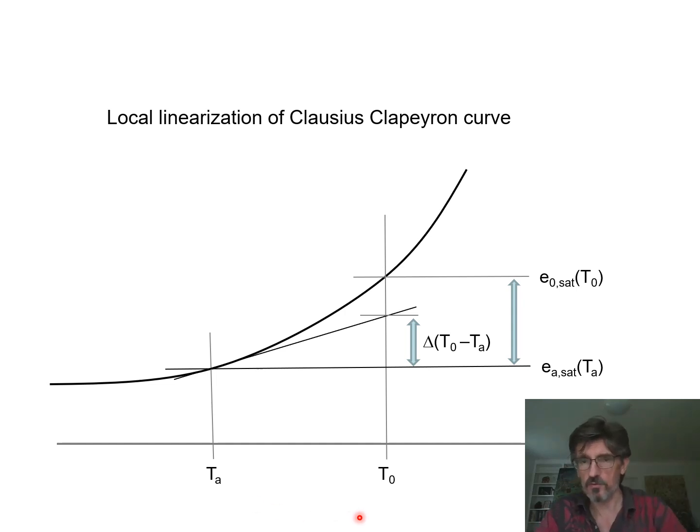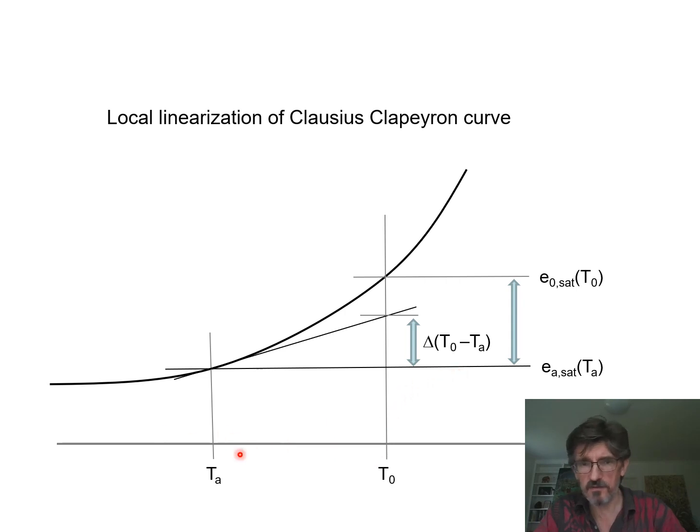Okay, we just don't know the temperature at the surface, which is difficult to measure. So let's assume that we know this temperature. We also know what the analytical form of this equation is, the Clausius-Clapeyron curve. So we have this slope that is known, let's call it delta, and then we can approximate this difference by its linearized approximation, which is delta times the difference in temperature.